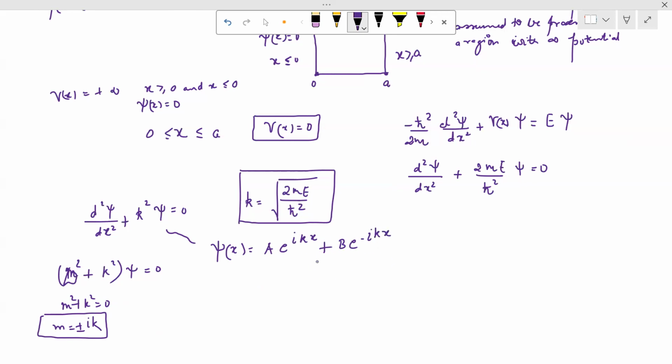And effectively, if you know that e to the power iθ can be written as cos θ plus i sin θ, you can convert this particular solution into sines and cosines. You can write it as some A times sin kx plus B times cos kx.